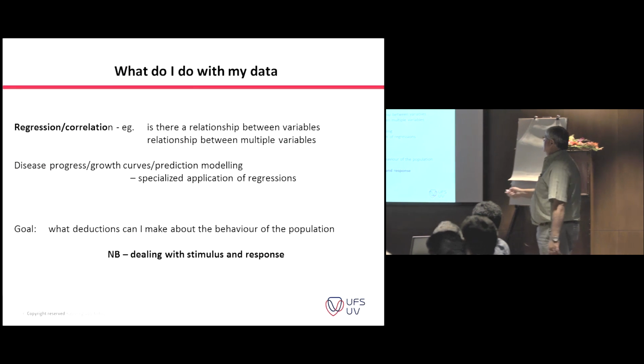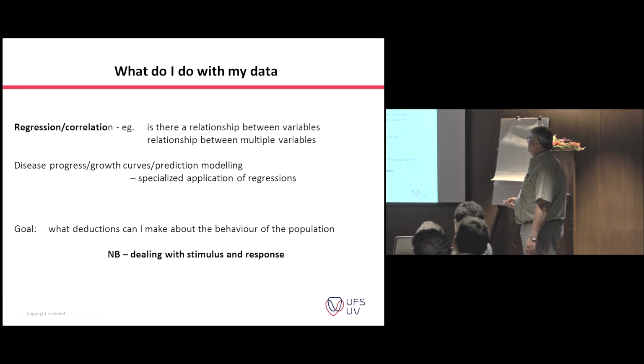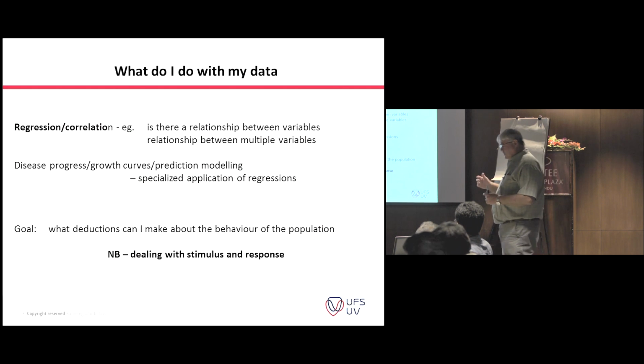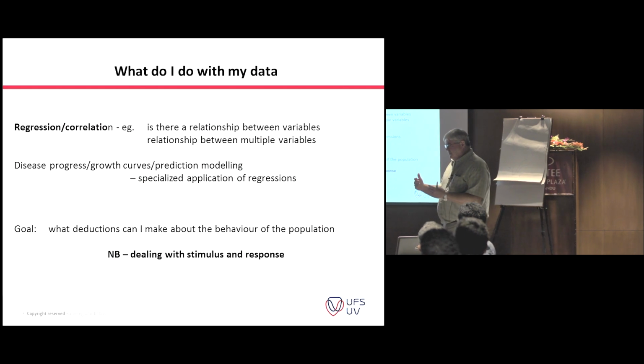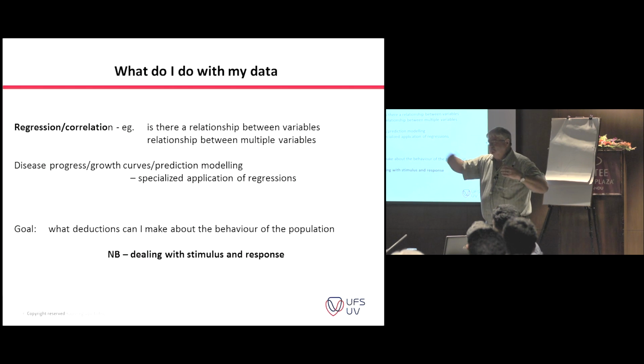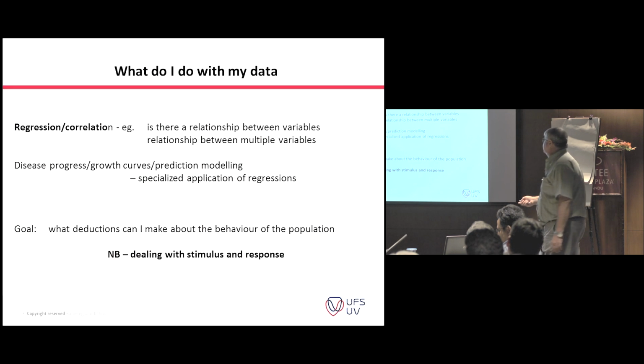We then get to regression and correlation, which we'll do later. And the question is, is there a relationship between variables or between multiple variables? In other words, does temperature affect the susceptibility to rust, or does it affect the rate of rust development? That kind of question. Is there a relationship between variables? And there are all kinds of specialized forms of these.